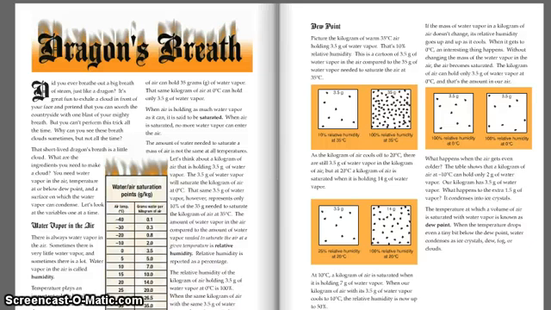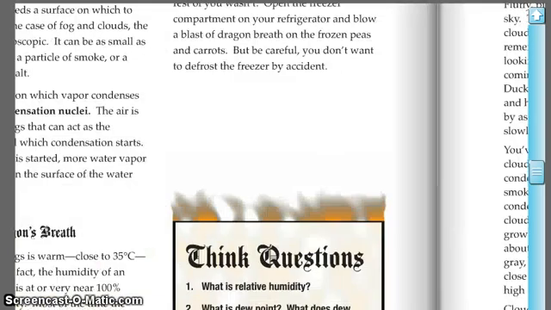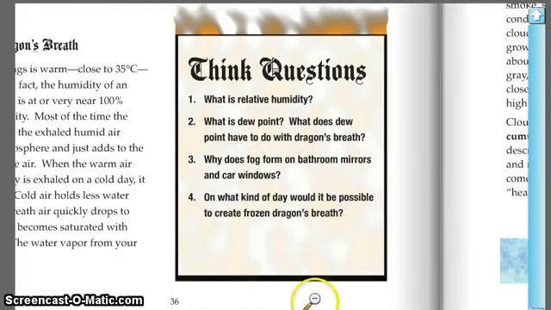One of the other things we did in class was read the article Dragon's Breath, where it talks about the dew point and water vapor in the air, and it kind of goes over a lot of the demonstrations and activities that we did in class. They had a couple questions at the end, asking about what the relative humidity is, what is dew point, and some different questions there.